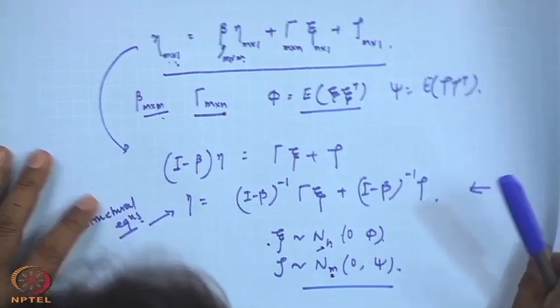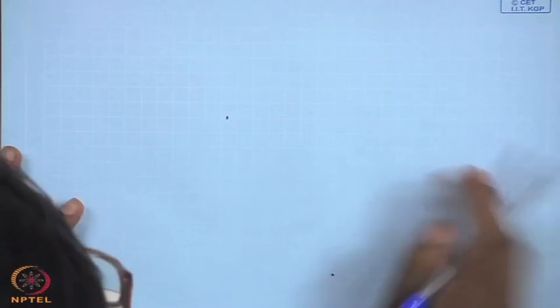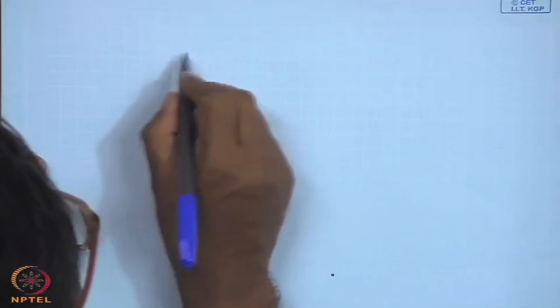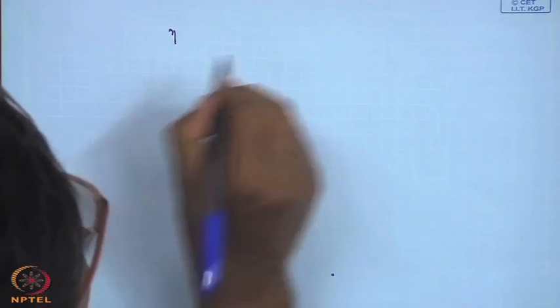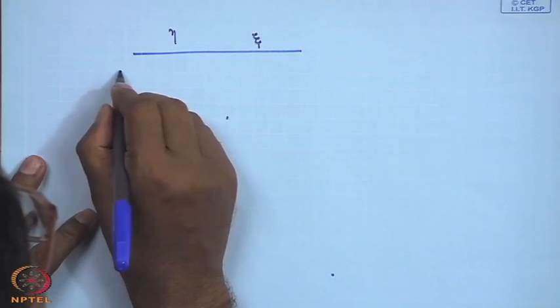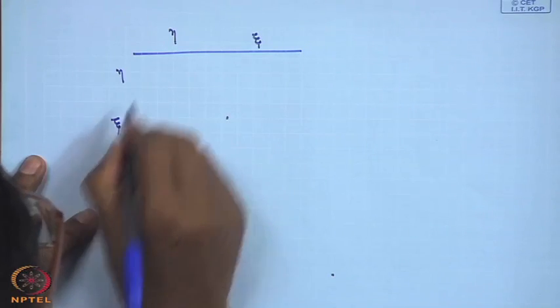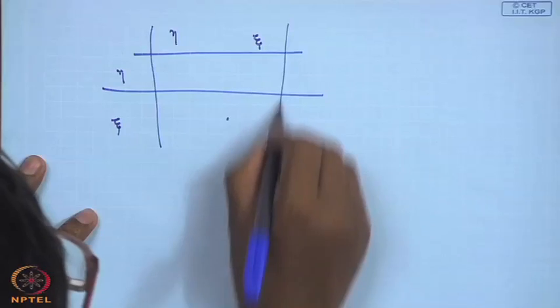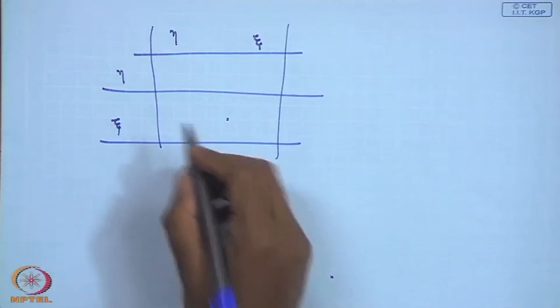So, now let us see what is the covariance structure for this problem. Ultimately the covariance structure is like this: eta and xi, and on this side also eta and xi. How many eta?